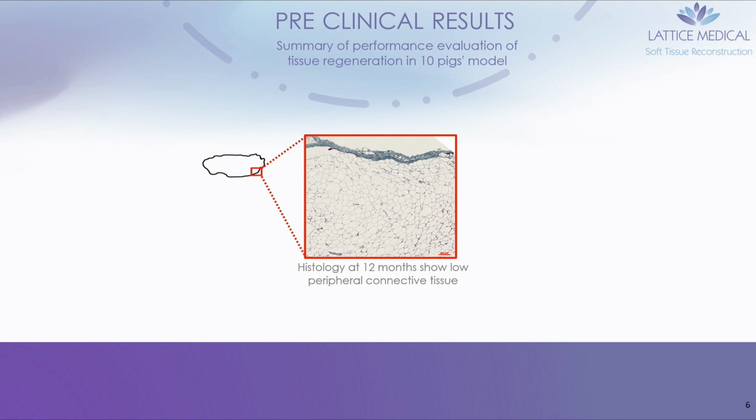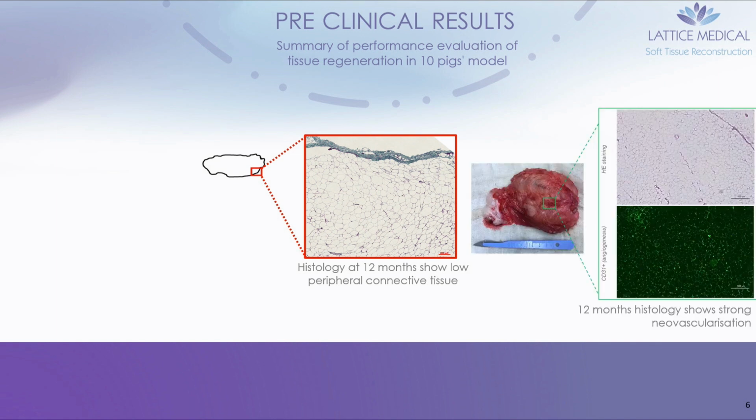The extensive tissue ingrowth is supported by strong neovascularization, as illustrated by CD31 positive blood vessels here in green. And macroscopically, you can see the blood on the surface of the fat flap.